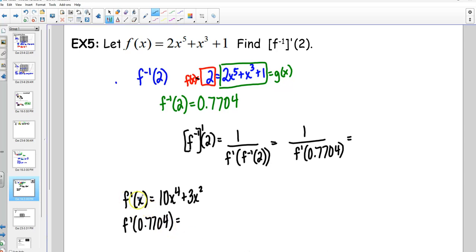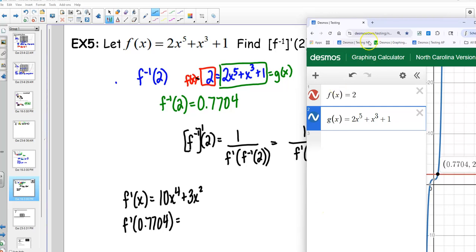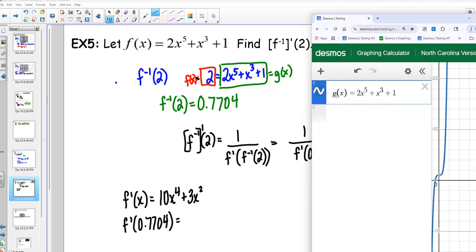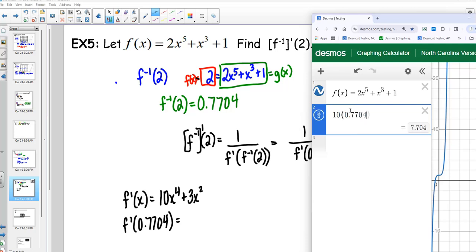If this is calculator active, and it pretty much would have to be for this, I'm going to call this f right now. You definitely can find the derivative by hand and get 10x to the 4th plus 3x squared, and then you could type in 10 times 0.7704 to the 4th plus 3 times 0.7704 to the 2nd. So we should be getting 5.3031 here in our denominator.